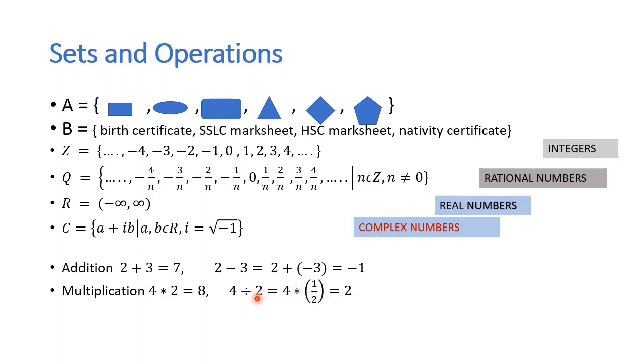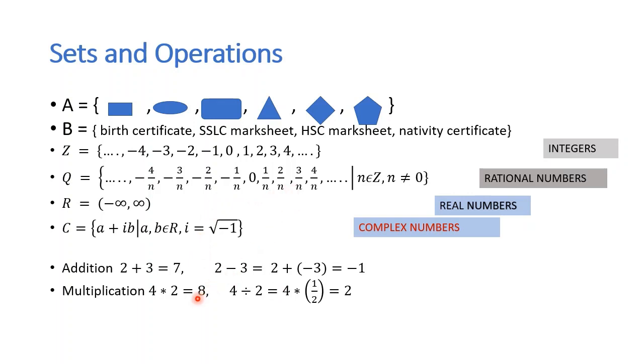But here the operation being done is multiplication of fractions, 4 into 1 by 2. 1 by 2 belongs to the set Q. So in Q only you have the element 1 by 2. So multiplication is an operation which we perform on all these sets and the result will be in this set only.